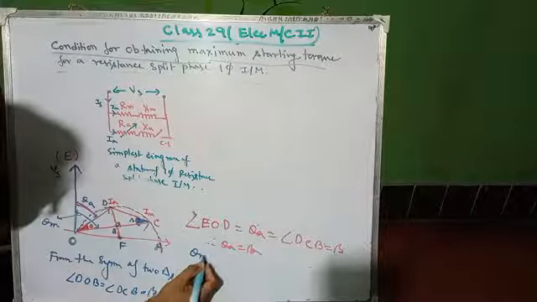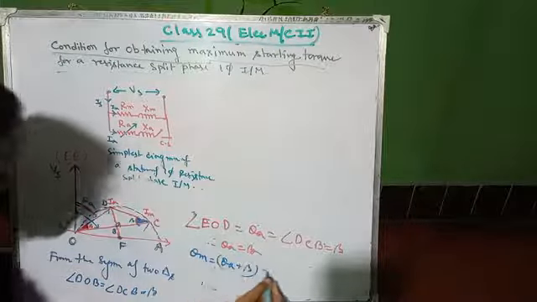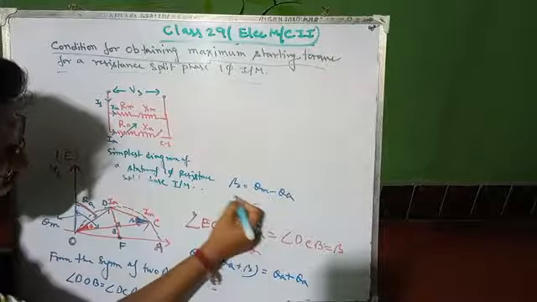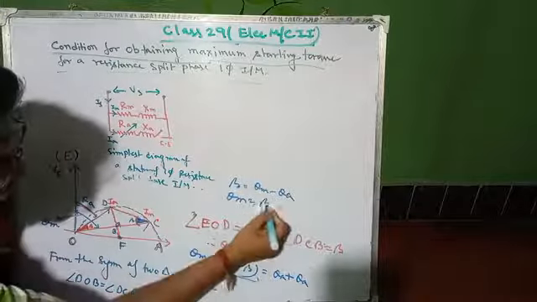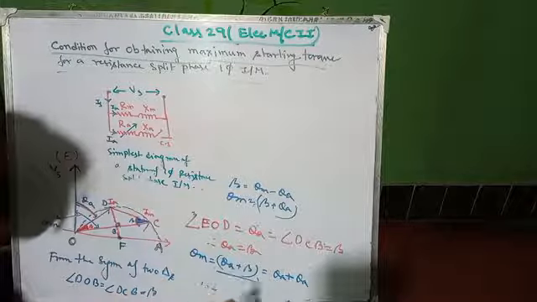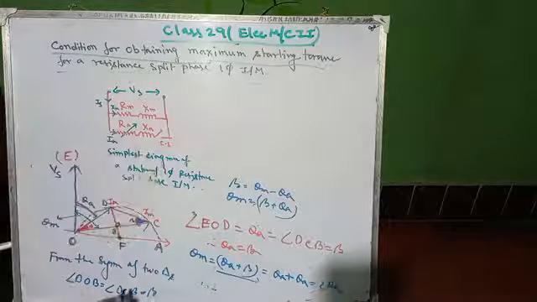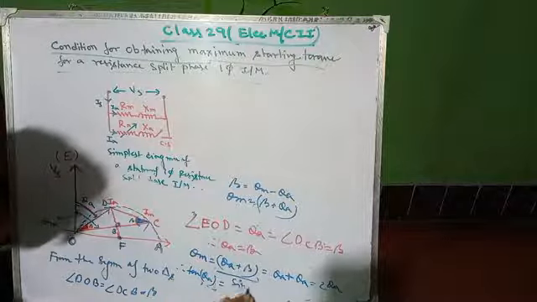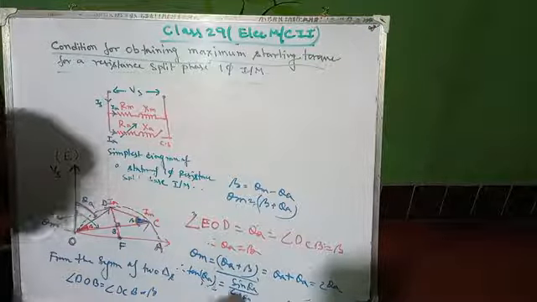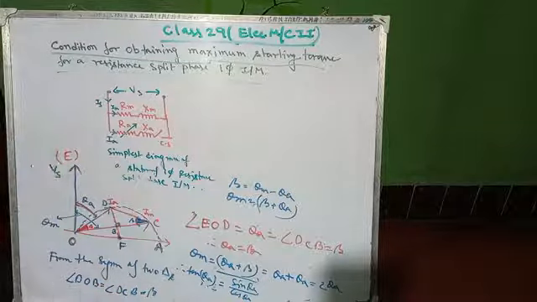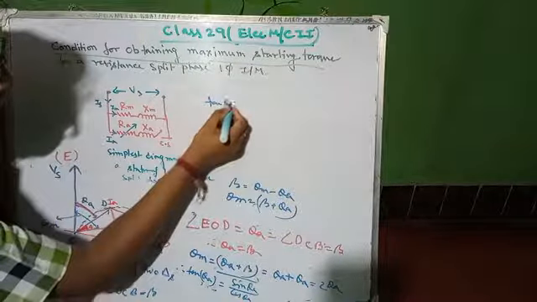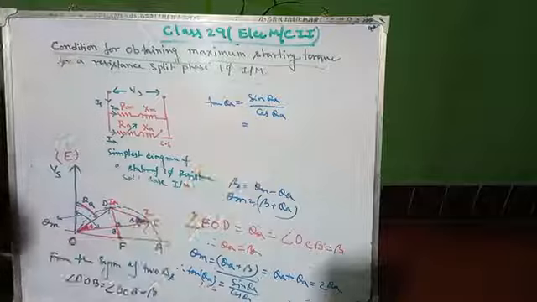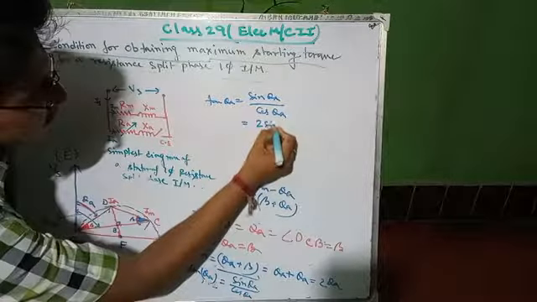So theta M equals what? Theta M equals theta A plus beta, because beta equals theta M minus theta A. When we put the value of beta here, it will be 2 times theta A. Theta M equals 2 times theta A. Therefore tan theta A equals sin theta A by cos theta A. Now multiply 2 sin theta A on both sides.